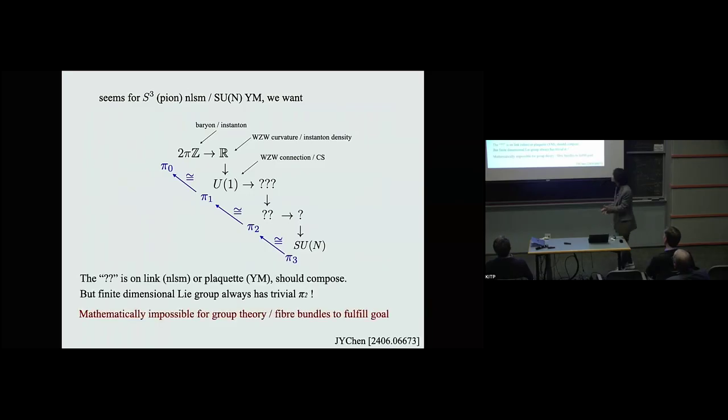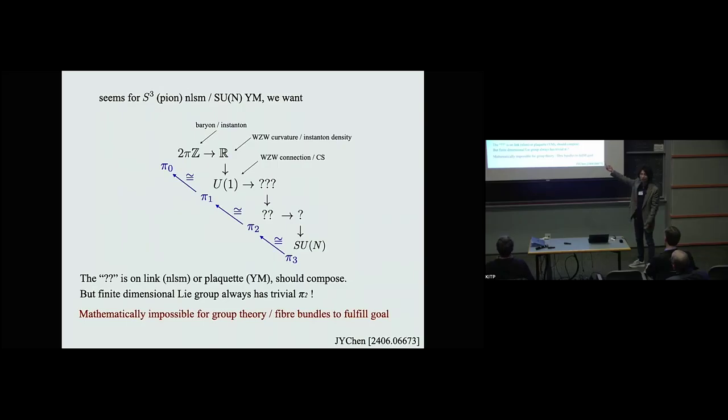Why? The reason is also pretty simple. In the nonlinear sigma model, the double question mark would occur on a link, and in Yang-Mills theory, it will occur on a plaquette. So we want this degree of freedom to be able to compose, right? Because they are link variables or plaquette variables. And traditionally, when we think of things composing, we think of groups. And moreover, we want them to be finite dimensional, because these are lattice degrees of freedom.